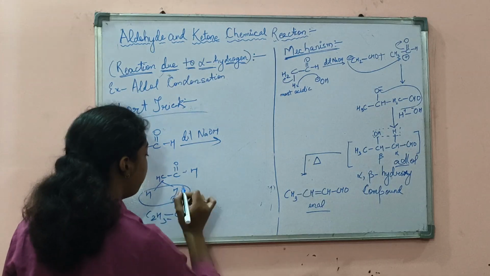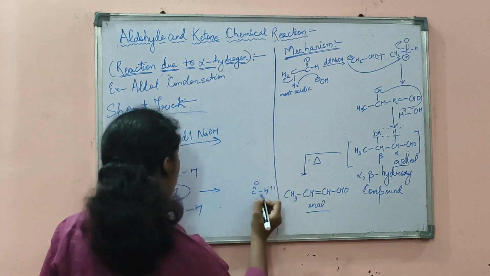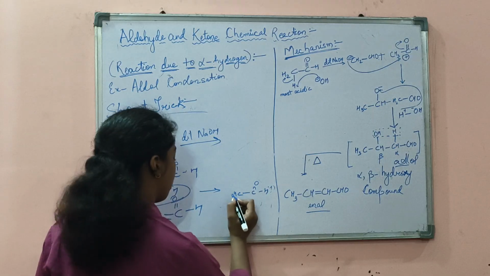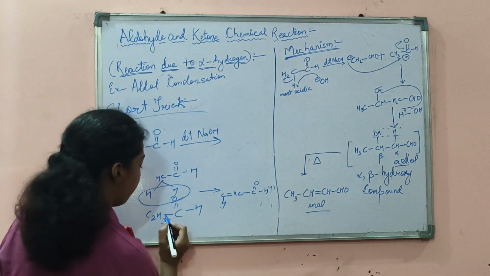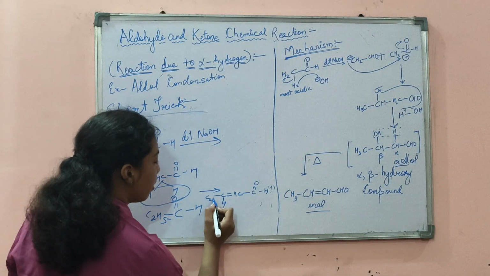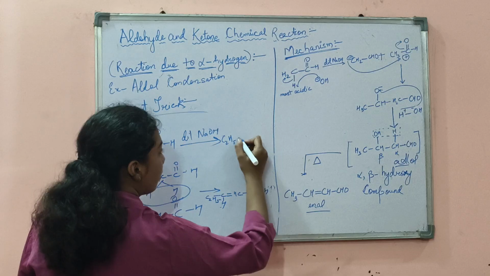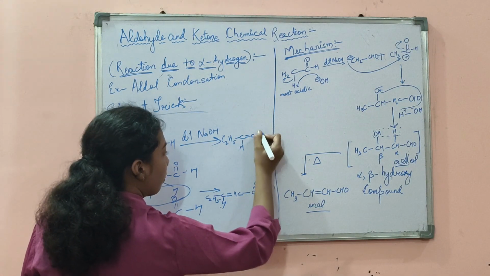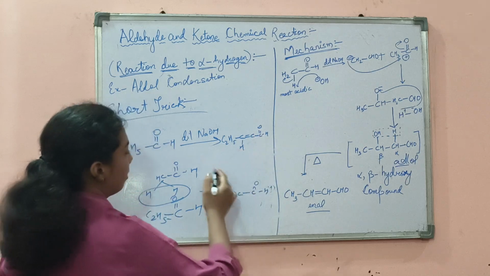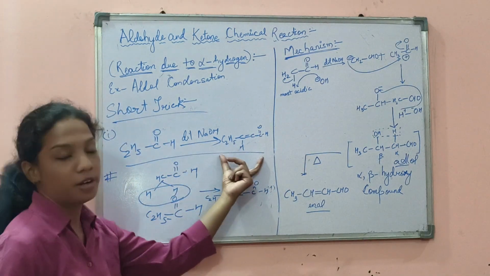This water will be removed and we will get this C double bond OH, CH double bond CH, then C2H5. So the answer will be like this. Like this we will form an aldol condensation reaction.